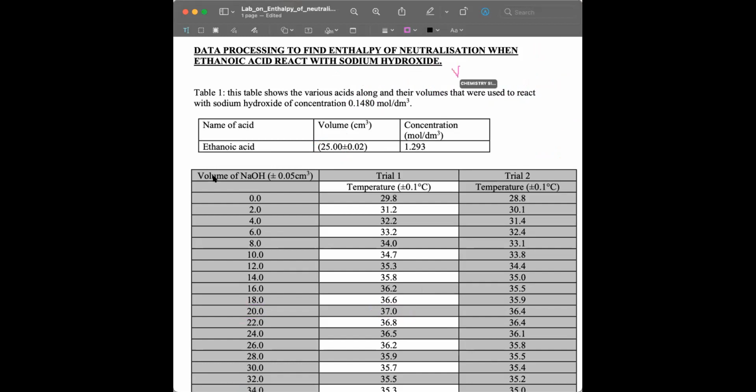So the volume of NaOH after which the temperature should start decreasing: n into volume, concentration is number of moles upon volume. So volume is equal to number of moles, which is 0.032, divided by concentration, which is 0.1480. Just do this.